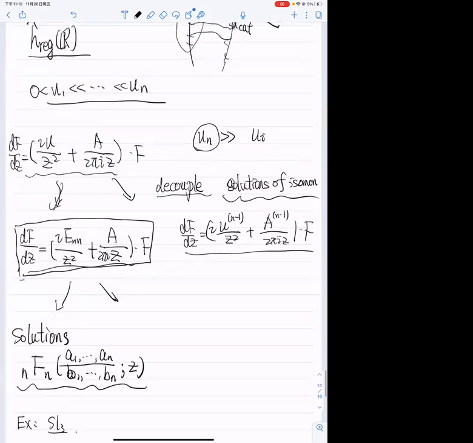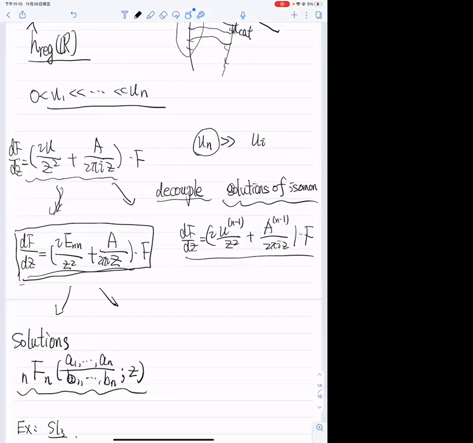So this is a strategy. I see. So I assume all these gamma functions actually come from connection formulas. Exactly. Because in this limit, you can decouple these systems and reduce these computations to these confluent hypergeometric functions, F N N.